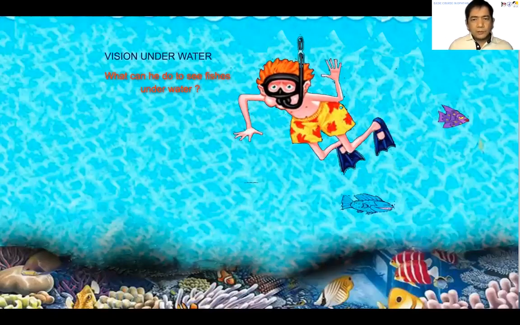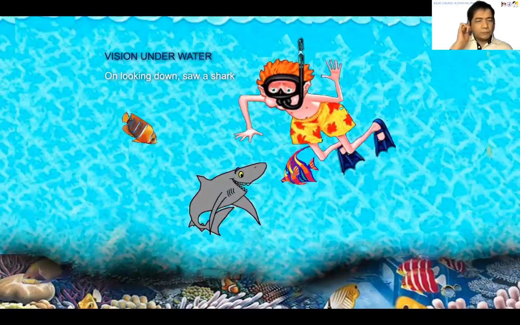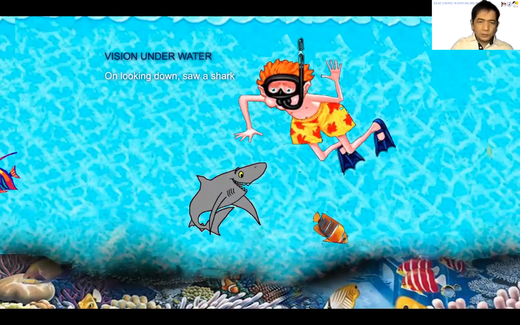So what is our vision when we are in water or in air? In this example, what is your vision underwater? This swimmer, what can he do to see fishes under the water? Okay, and on looking down, he saw a shark. Is there a refraction? Is he looking at the real location of the shark?